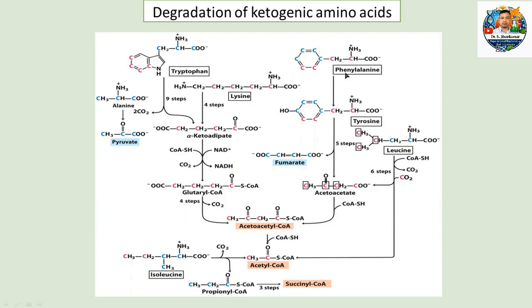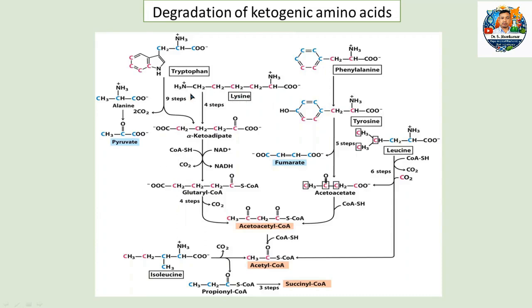So during the degradation of phenylalanine, it is first converted to tyrosine. So tyrosine and phenylalanine will have almost the same degradation pathway. And on this side there is one aromatic amino acid, tryptophan, and lysine and alanine.